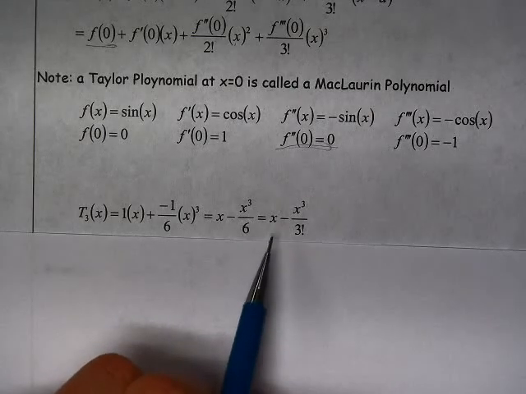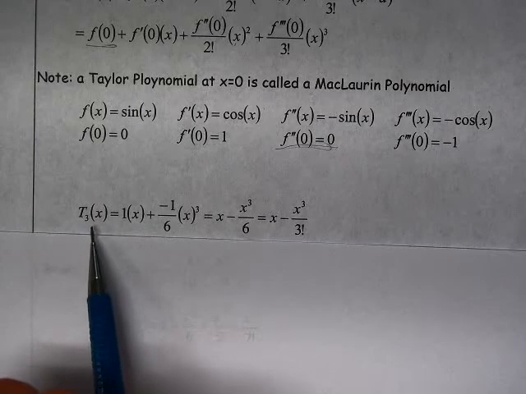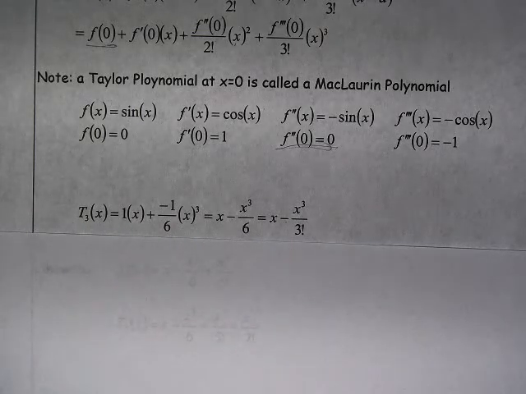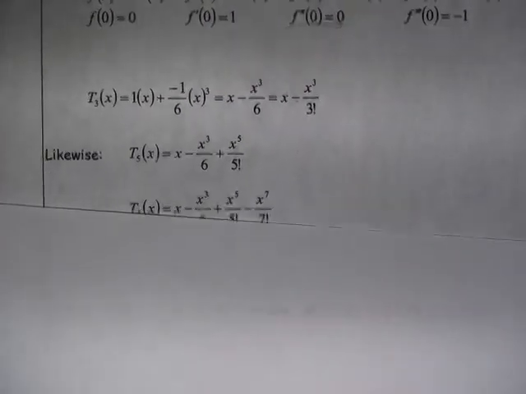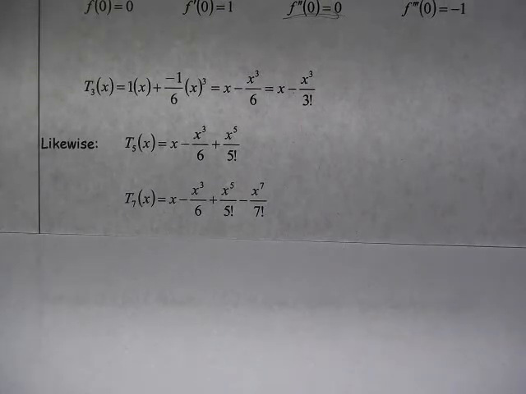My final third degree Taylor polynomial, or third degree Maclaurin polynomial, is x minus x cubed over 3 factorial. And I can extend that pattern to find the 5th and 7th degree Taylor polynomials, or Maclaurin polynomials in this case.